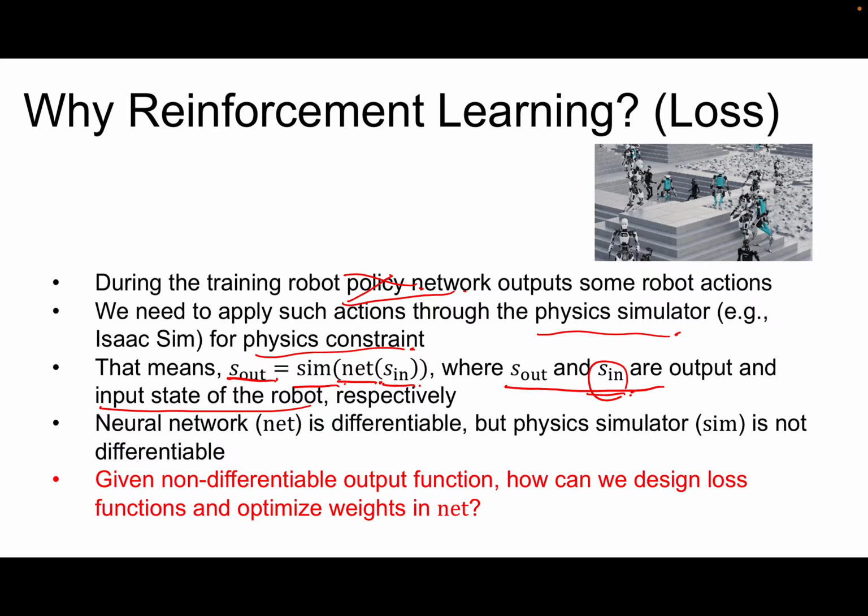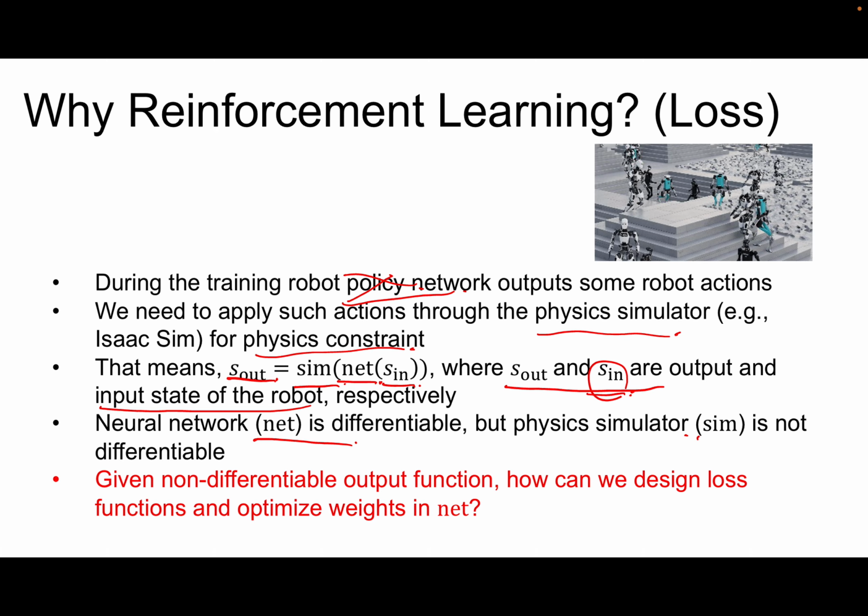The problem is that neural network is usually differentiable, but a physics simulator is not differentiable. That is the problem. We need to apply actions in physics simulator or real environment, anything is okay. But such kind of physics simulator or performing something in real environment, they are not differentiable. But we need them.